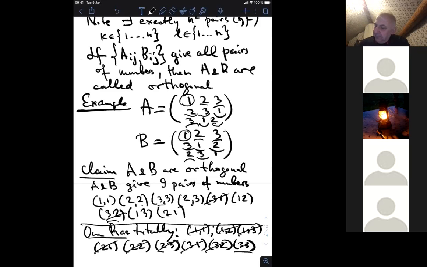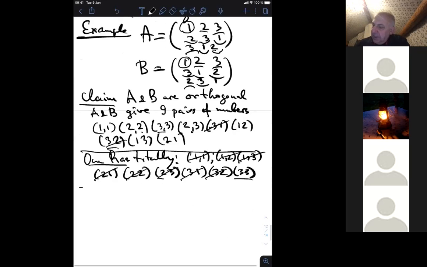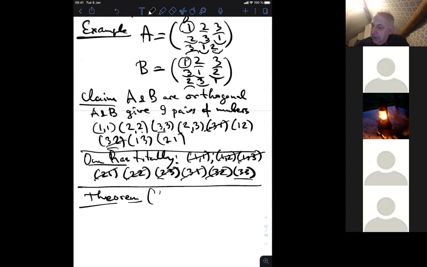Now the next result, which is due to Euler, seems to have a fairly complicated proof, so we'll take it without a proof.